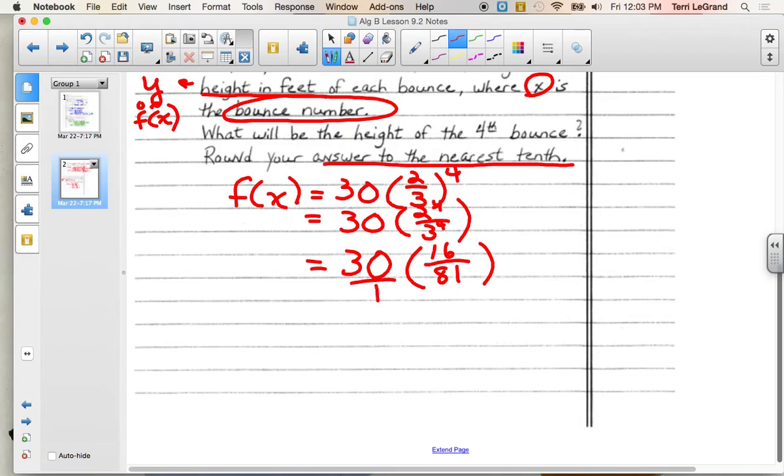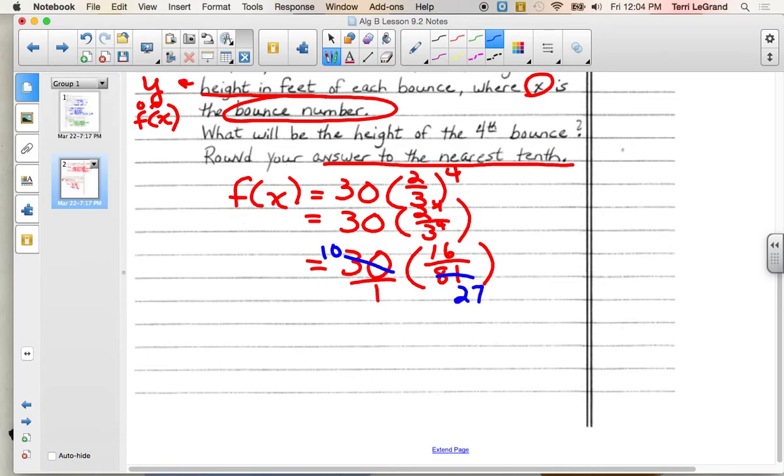What goes into 30 that also goes into 81? 3. This is a power of 3, and 3 goes into 30, doesn't it? So let's do some simplifying here. 3 goes into 30 how many times? 10. How many times does 3 go into 81? 27.